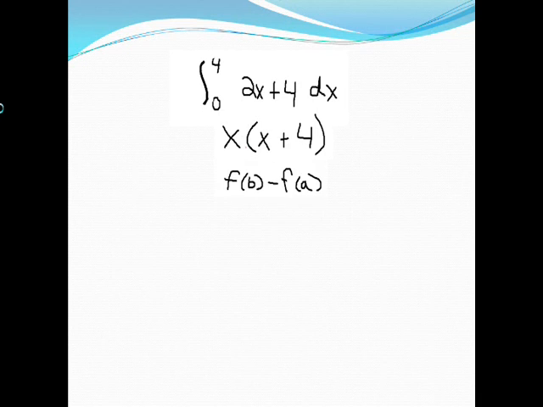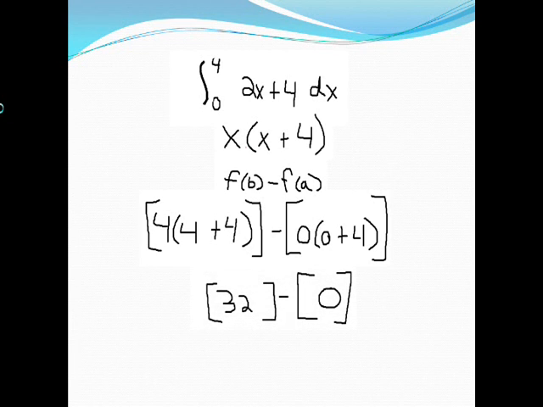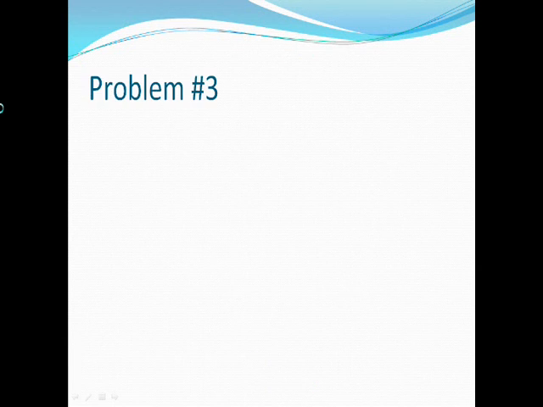F of b minus f of a, so just plug those bounds in, and you get 4 times 4 plus 4, minus 0 times 0 plus 4. You get 32 minus 0, and your answer for bounds of 4, 0, 2x plus 4 dx is equal to 32. Pretty simple stuff, guys.